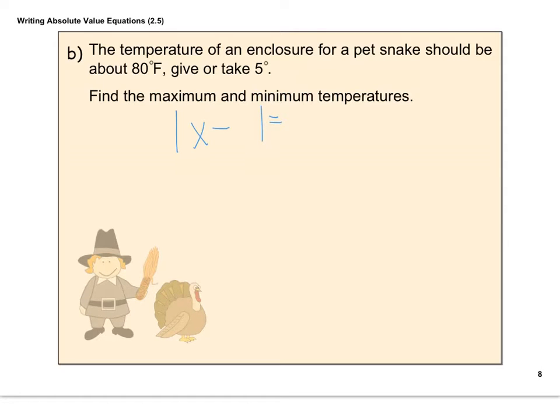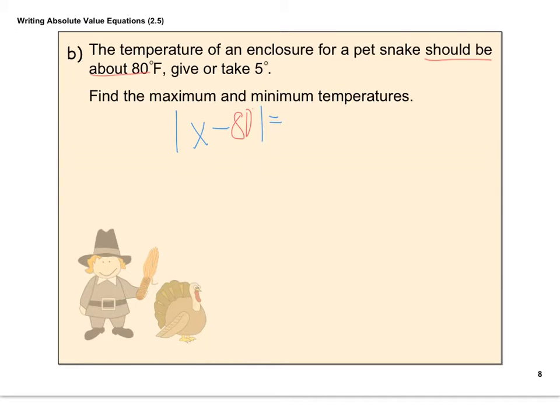So we're trying to decide, is the 80 the ideal temperature for this snake, or is it 5 degrees? Hopefully as you're reading your text, you saw that it should be about 80 degrees. So in a perfect world, that enclosure would be 80 degrees. But we also know that we can give or take 5 degrees.